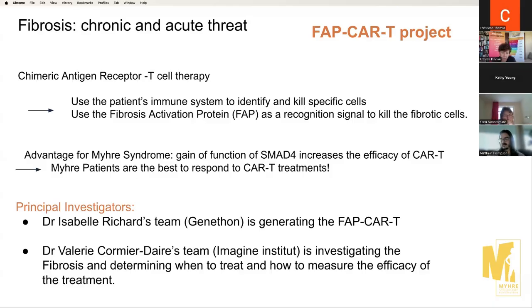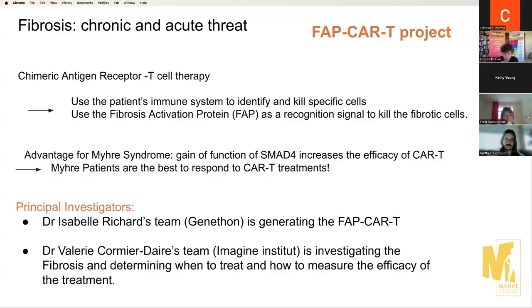So she's also a very good fit for us for giving the grant. They are working together, the team of Valérie investigating the fibrosis part of the disease, and Isabelle Richards producing the tool, the FAP-CAR-T.